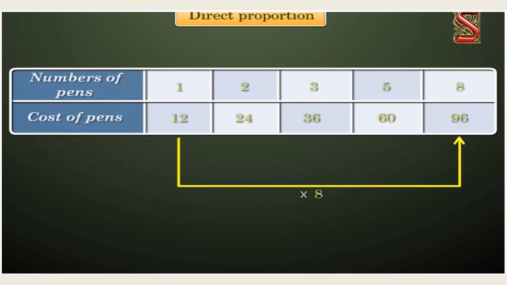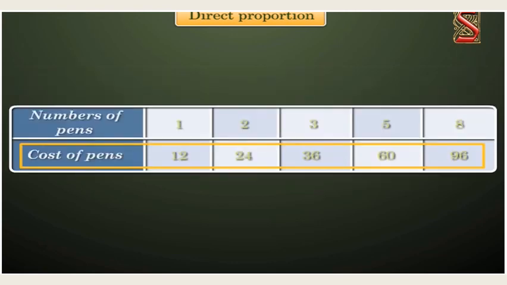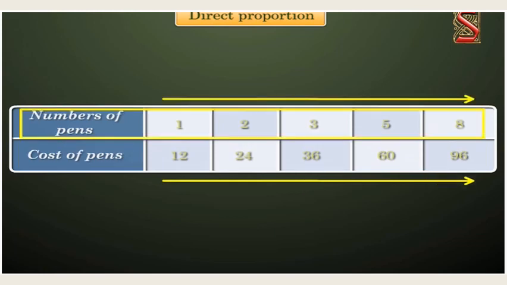When it was 8 pens, the cost becomes 8 times. So that means the cost of pens is increasing as the number of pens increases. So if both quantities are increasing, then they are said to be in direct proportion.